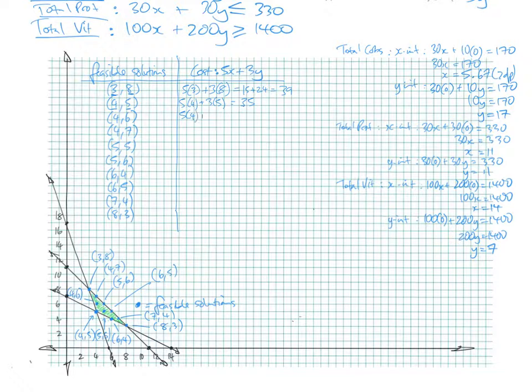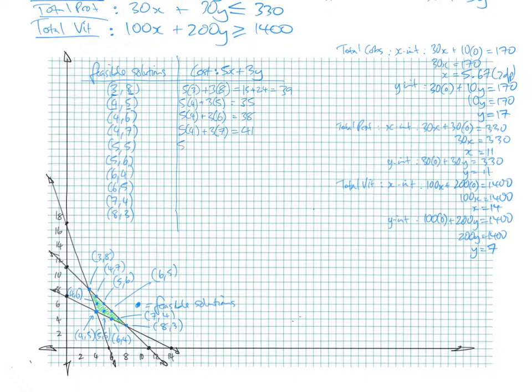5 lots of 4 plus 3 lots of 6, 20 plus 18, that's 38. 5 lots of 4 plus 3 lots of 7, 20 plus 21 is 41.